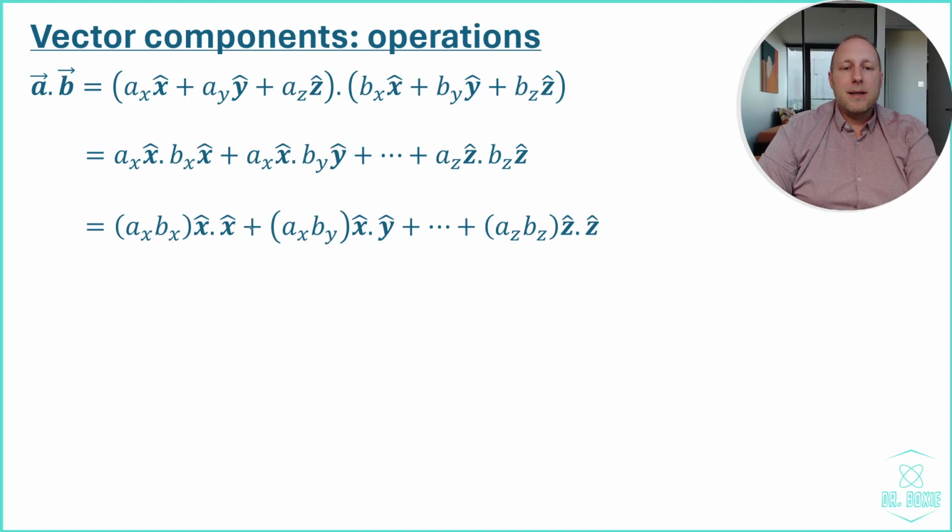And for each of these, we saw that x hat dot x hat is 1, y hat dot y hat is 1, and z hat dot z hat is 1. So we're left with the prefactors, meaning AX BX plus AY BY plus AZ BZ.